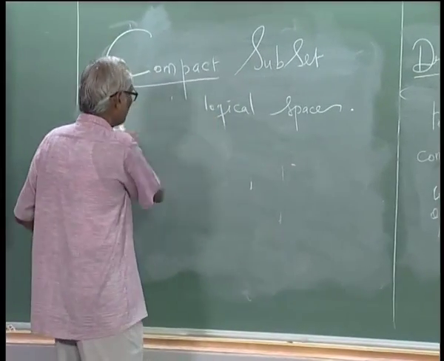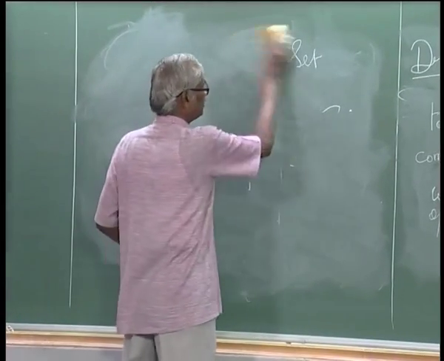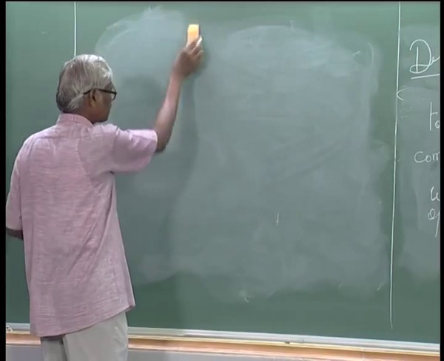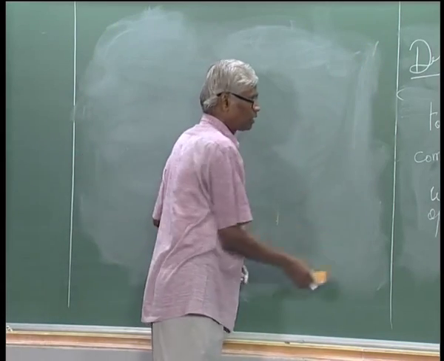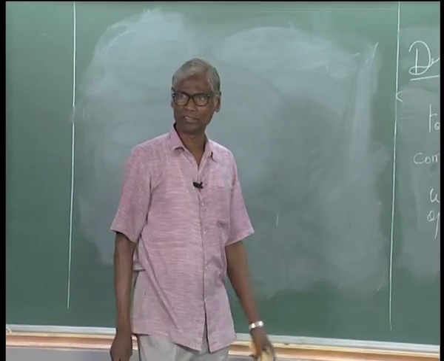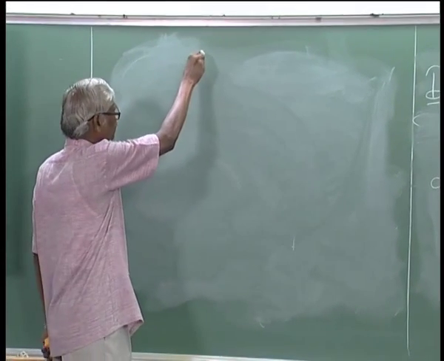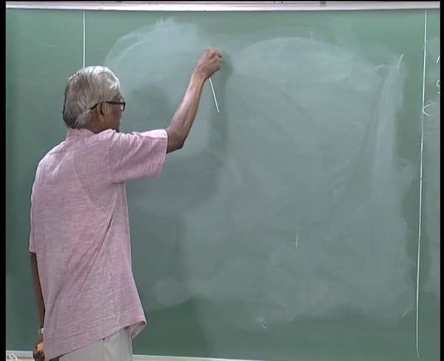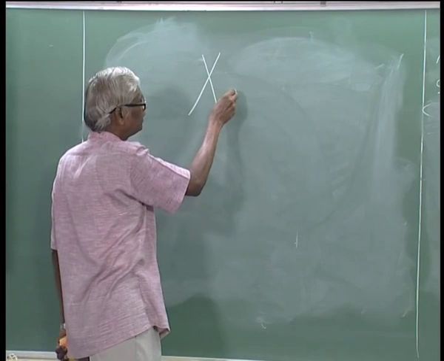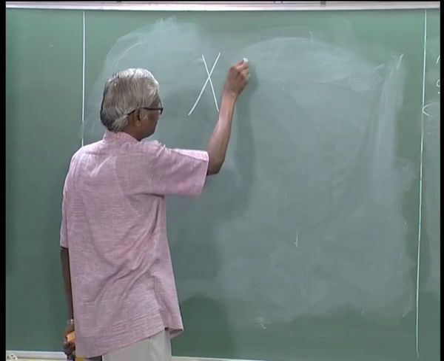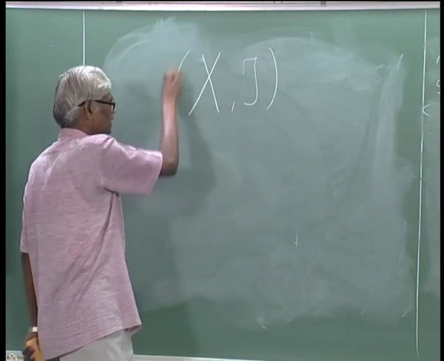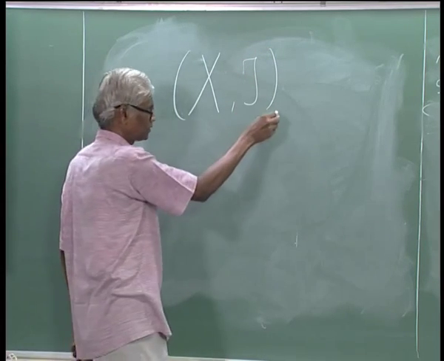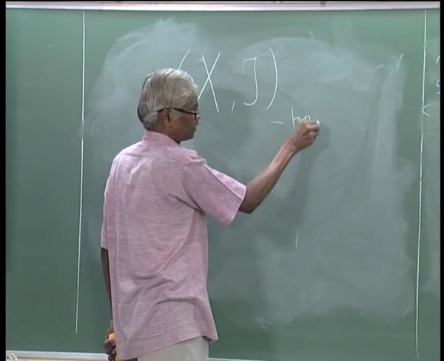So what are the natural examples of compact topological spaces? One thing is capital X itself, a given topological space (X, tau), any given topological space.